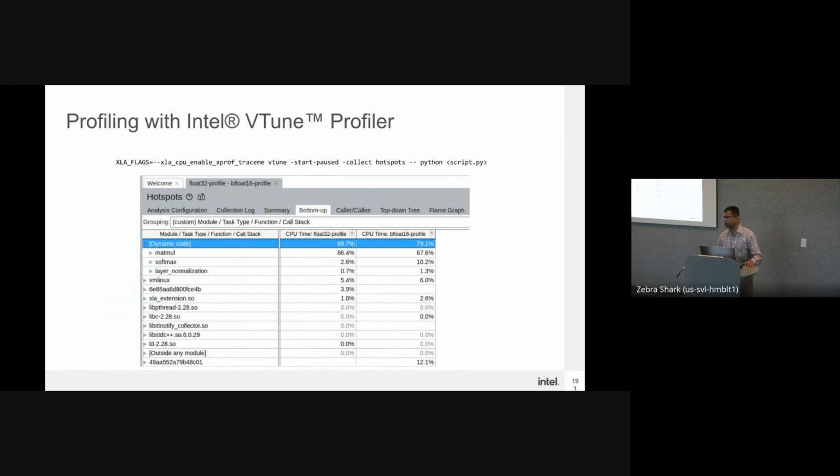While we have been doing optimization, we felt that we needed some performance profiling. Intel VTune is a very useful tool to profile and analyze model performance. But when we started using it, we could not, because LLVM has an Intel JIT event listener that was not being compiled with XLA.